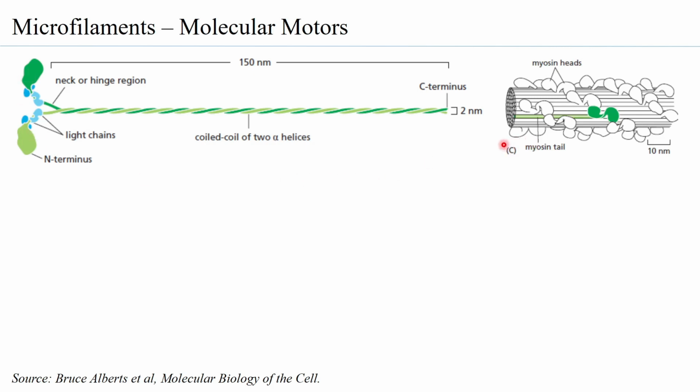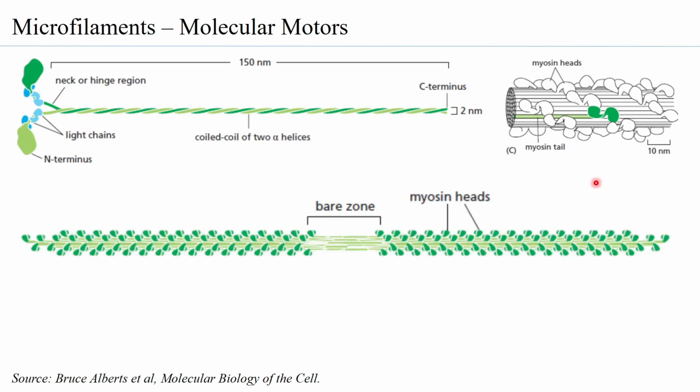Interestingly, what has been observed is that many myosins come together. You can see all the myosin tails come together in such a way that the myosin heads jut out, while the tails form the core of the entire thick filament. This is something that you observe in the sarcomere of skeletal muscles as well, where the thick filaments are myosins coming together, and the thin filament is nothing but the actin.